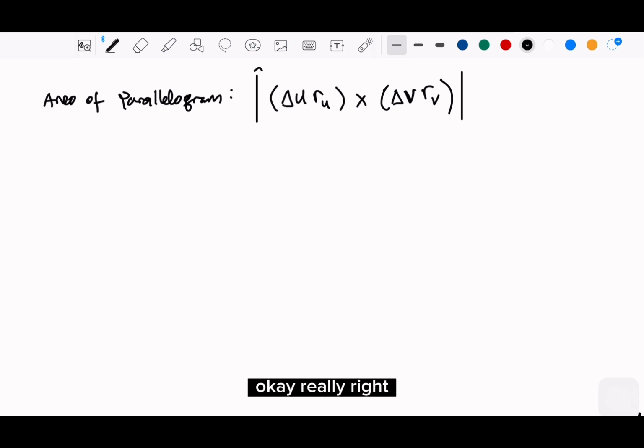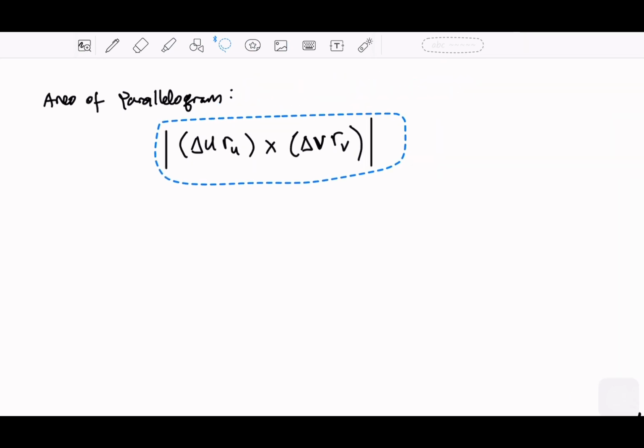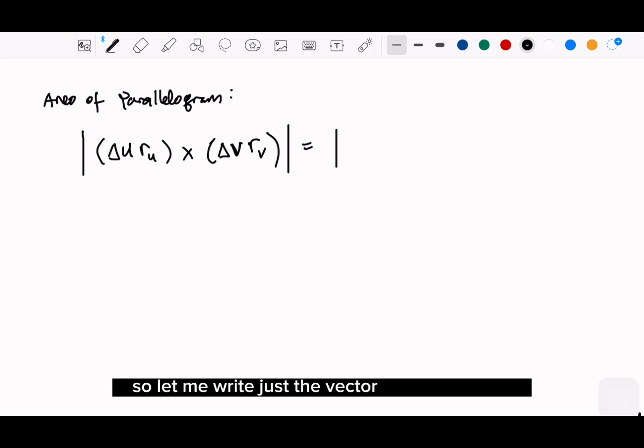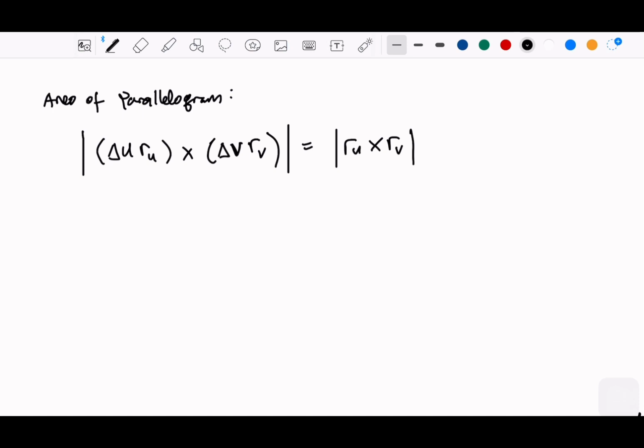Let me write that this equals, I will factor out the deltas outside, so let me just write the vector r_u cross vector r_v.